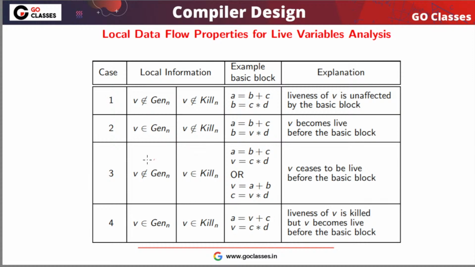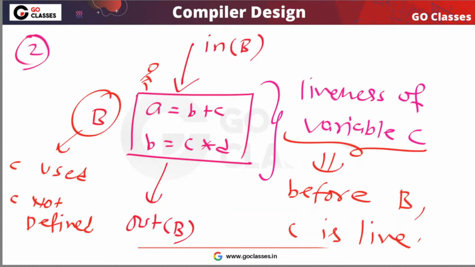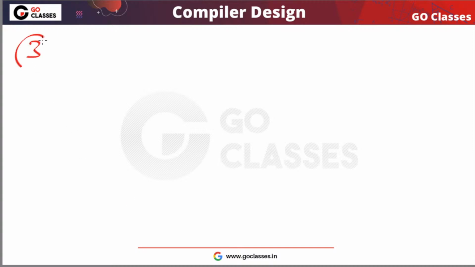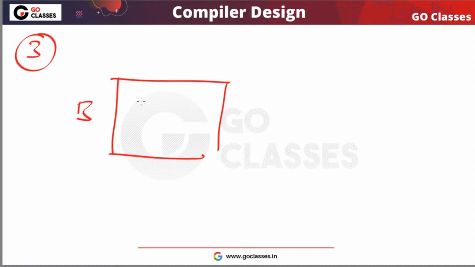And what is the third scenario? If you are not generating but you are killing, meaning you are defining but you are not using. In the third scenario, this is your basic block. Consider this scenario: A equal to B plus C, and let us assume you have C equal to B into D. Focus on this variable A. This is defined but not used.